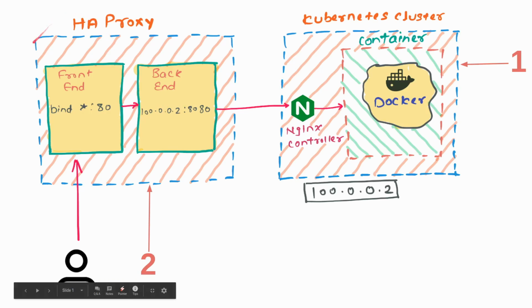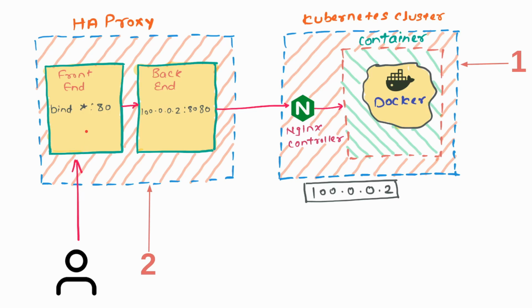We need to set up HAProxy, and this HAProxy will sit outside of the Kubernetes cluster. This is the HAProxy which will be accessible to the end user. As you can see, the user will make a request to the frontend, and I'll explain what the frontend and backend are. This is the only accessible part which is exposed to the outside world.